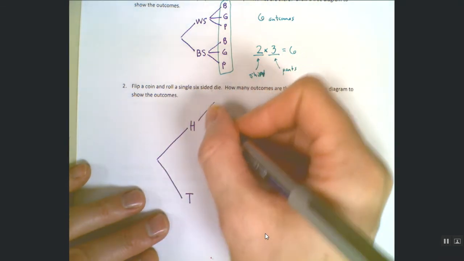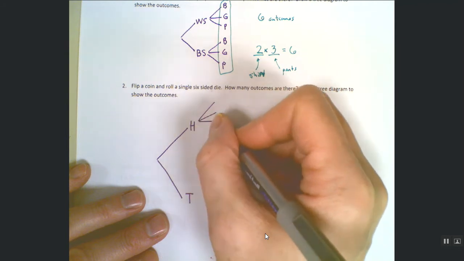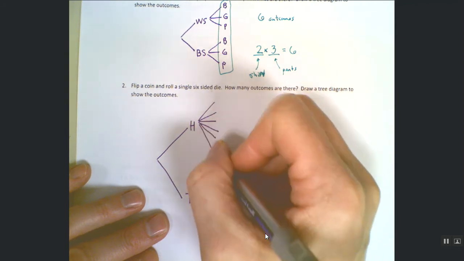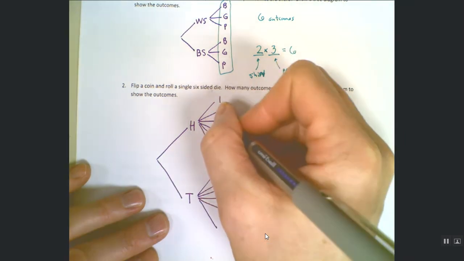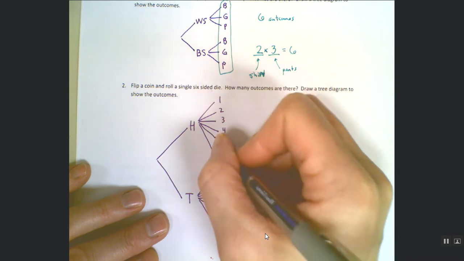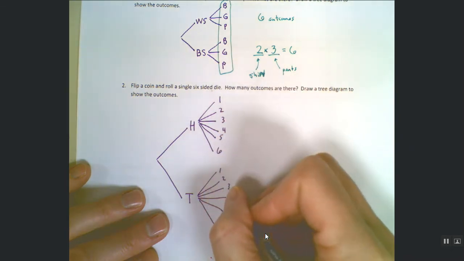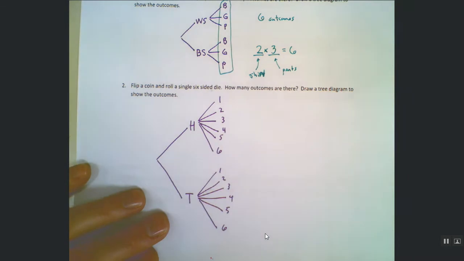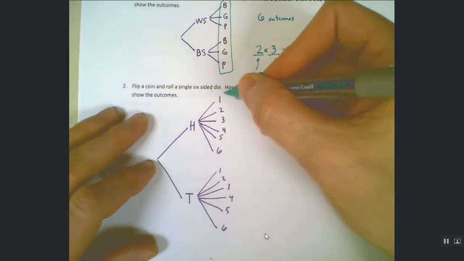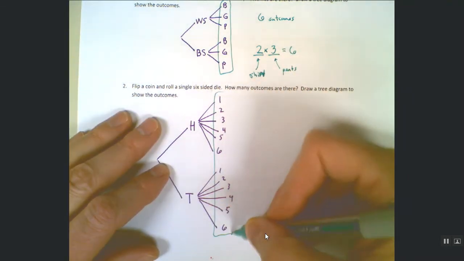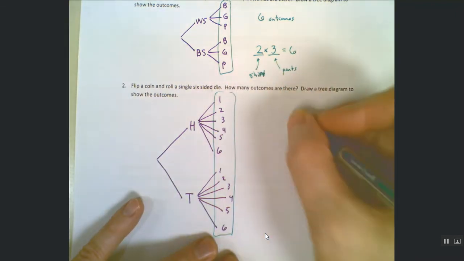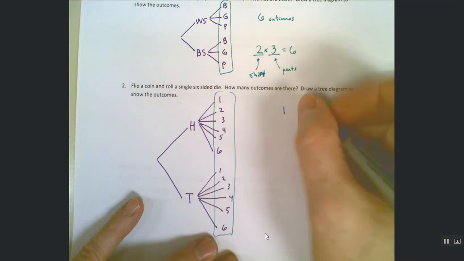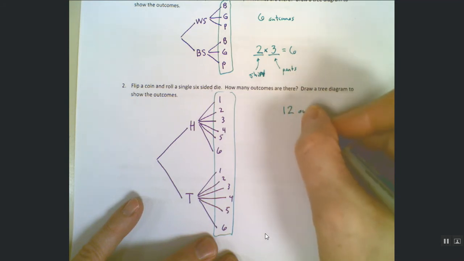And then from here you can get the numbers 1, 2, 3, 4, 5, or 6. How many possible outcomes are there in this case? There were 2 branches that each branched off to 6, so we get 12 different outcomes.